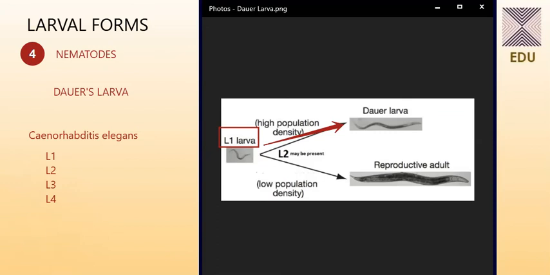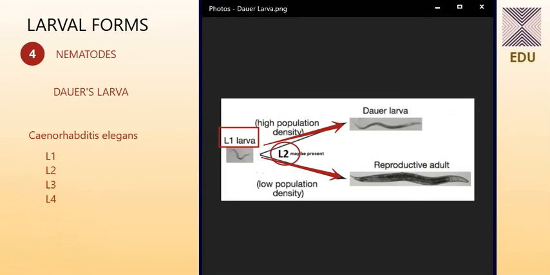Now, if we take the second condition into account, if we have low population density, we have more food, so it will go for L2, 3, 4, and finally the reproductive adult stage of C. elegans. One thing I want to mention is that if the population is high, the L1 may advance to some extent to the L2 stage.